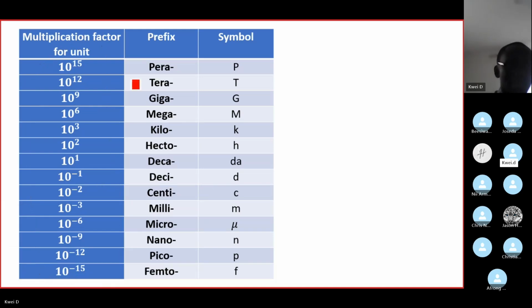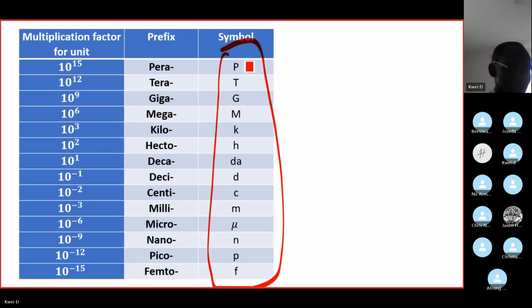We have the prefix right there, and the prefixes also have symbols. Mostly we use the symbols, we don't write them in full. So you can see Pm, meaning petameter, Pg, petagram, cm, centimeter, the c from here. Then you add the basic units.